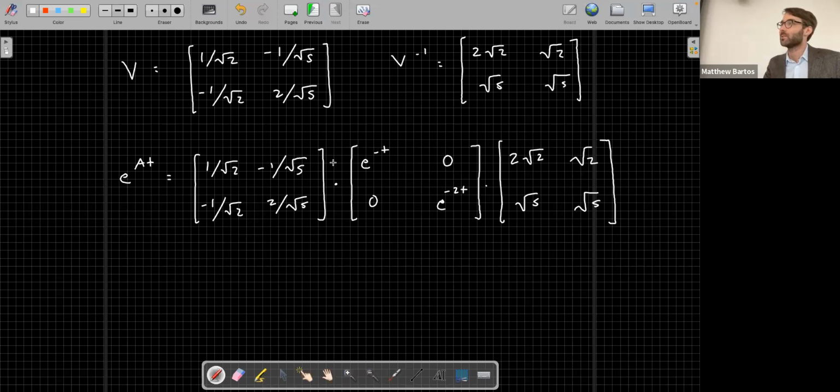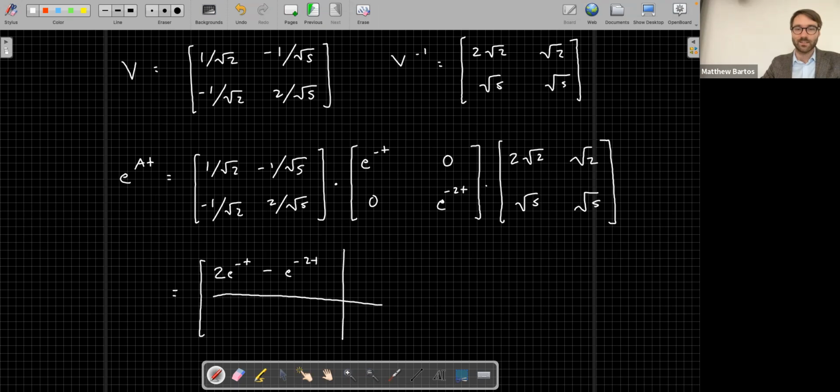I'm not going to do it because it's really tedious, but what we end up with if we multiply these matrices together is this: in the first row, we have 2e to the negative t minus e to the negative 2t, and in the second column of the first row, e to the negative t minus e to the negative 2t.